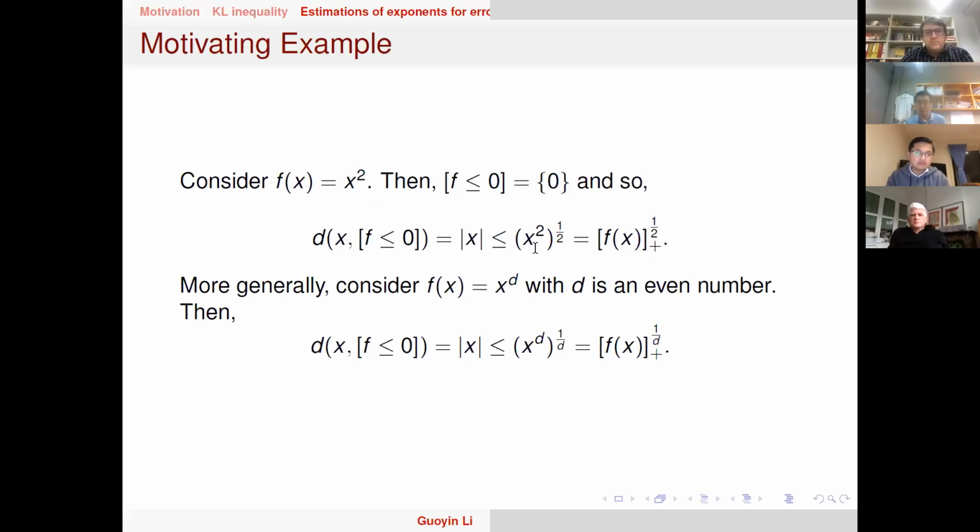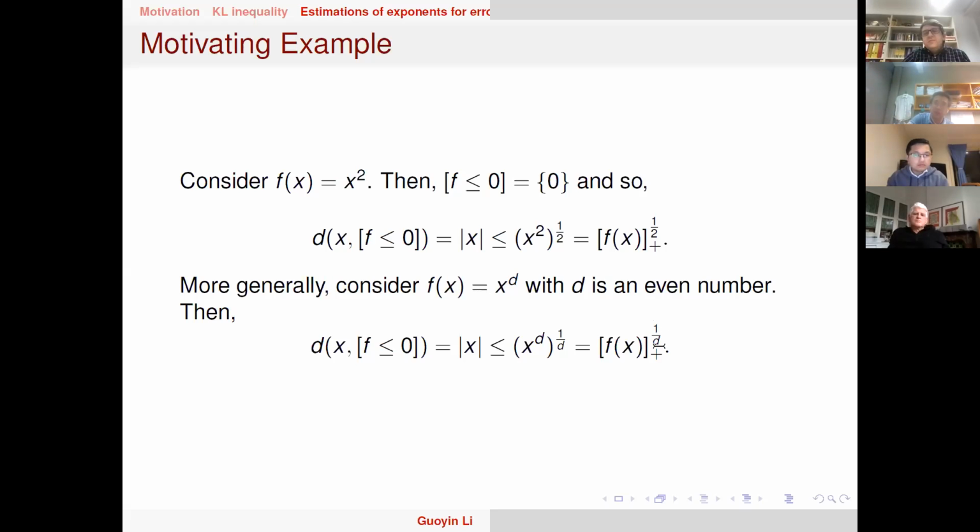But with almost the same procedure, by manipulating x to the power d, where d is an even number, you get a convex polynomial. And then with the same analysis, you will see the error bound holds with, again, a very explicit exponent, which is 1 over d. So although this is a very simple example, hopefully it hints that with the polynomial setting, you can hope to get a very explicit exponent in terms of the error bound, or maybe the KL exponent, because it's convex.